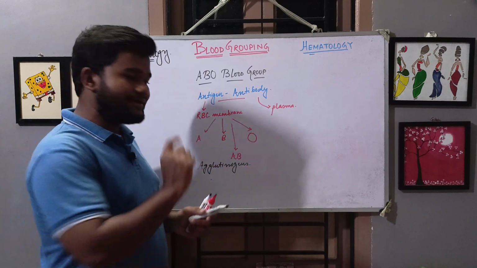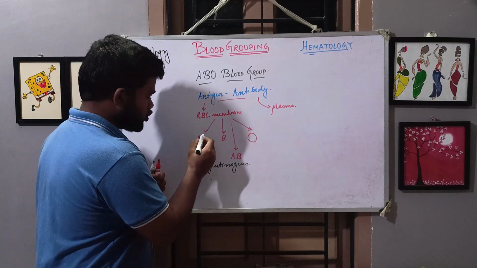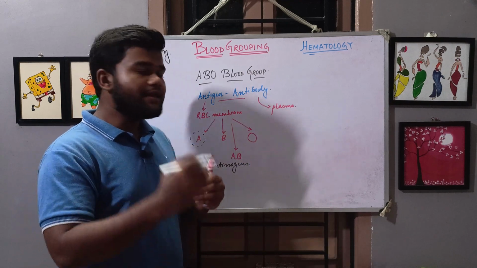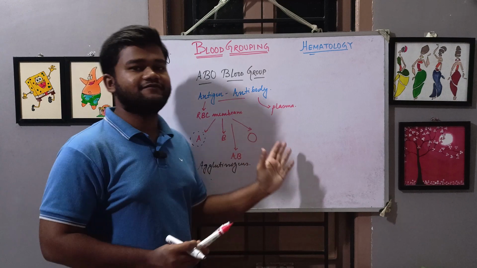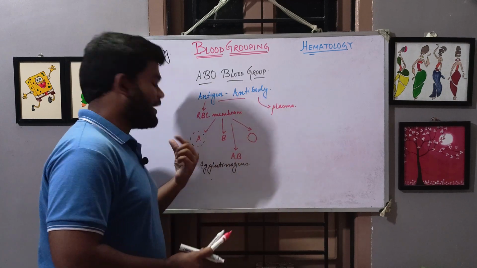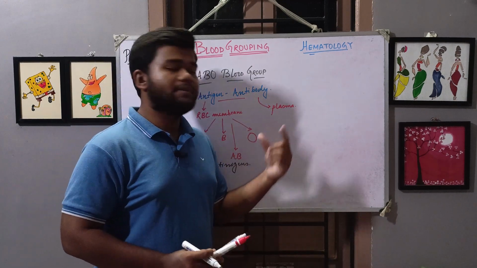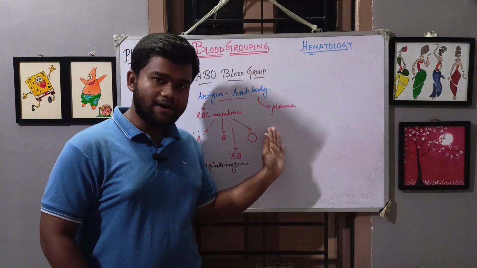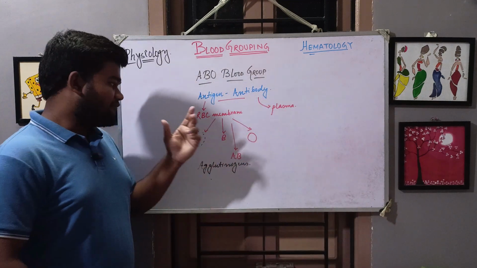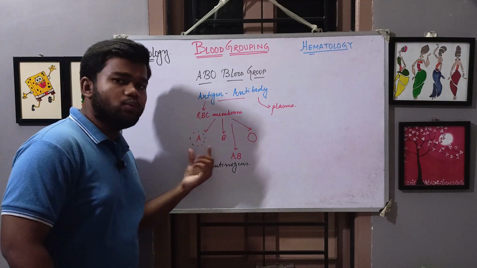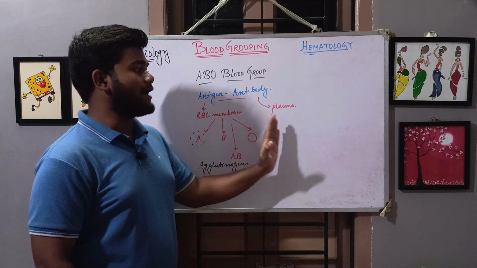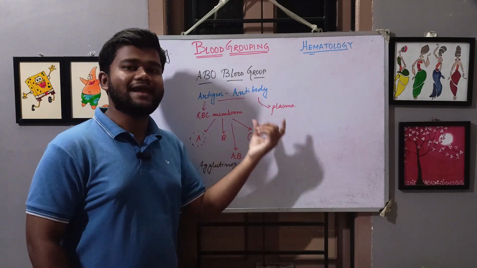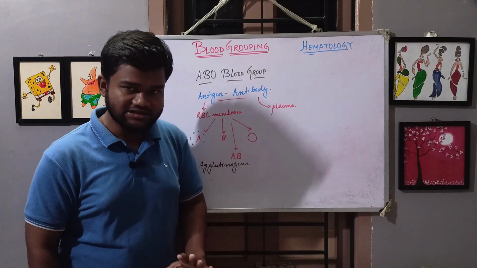Now, talking about each of these blood groups, a person having blood group A will not have the antibody against antigen A in the plasma. That is, the person having antigen A will not have its corresponding antibody, the anti-A antibody, in the plasma.